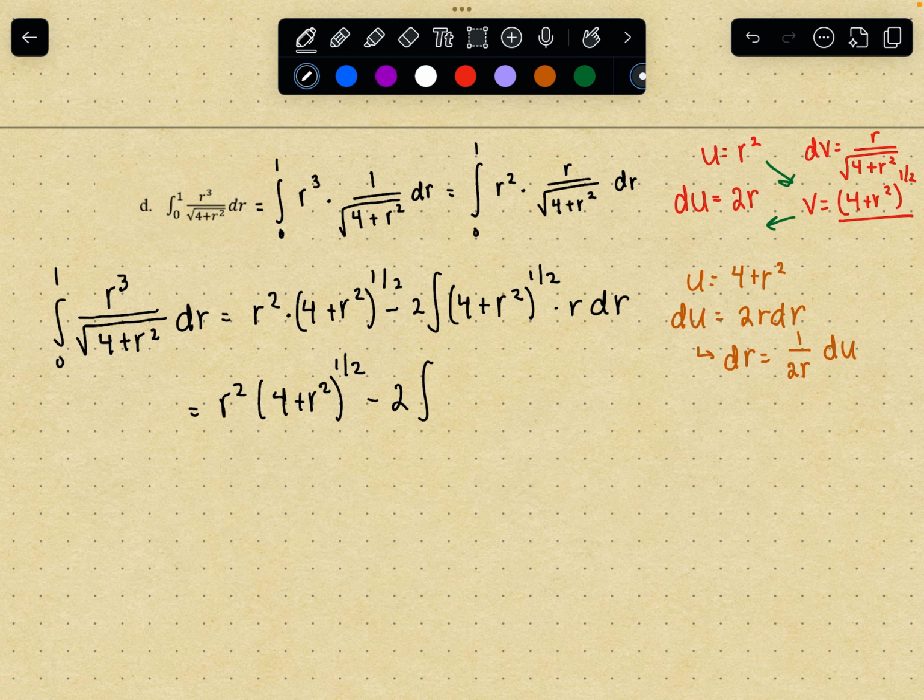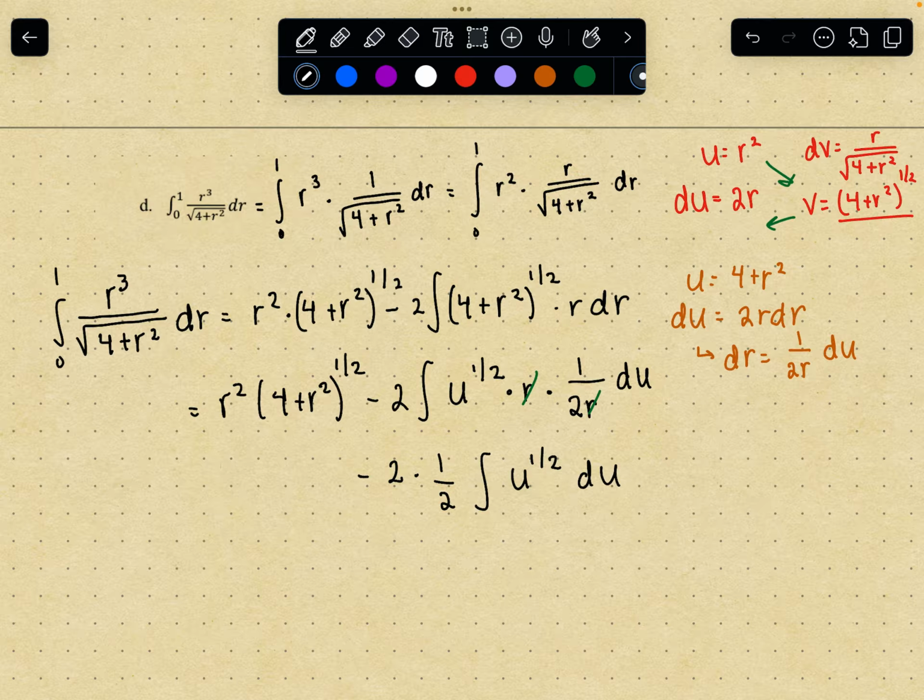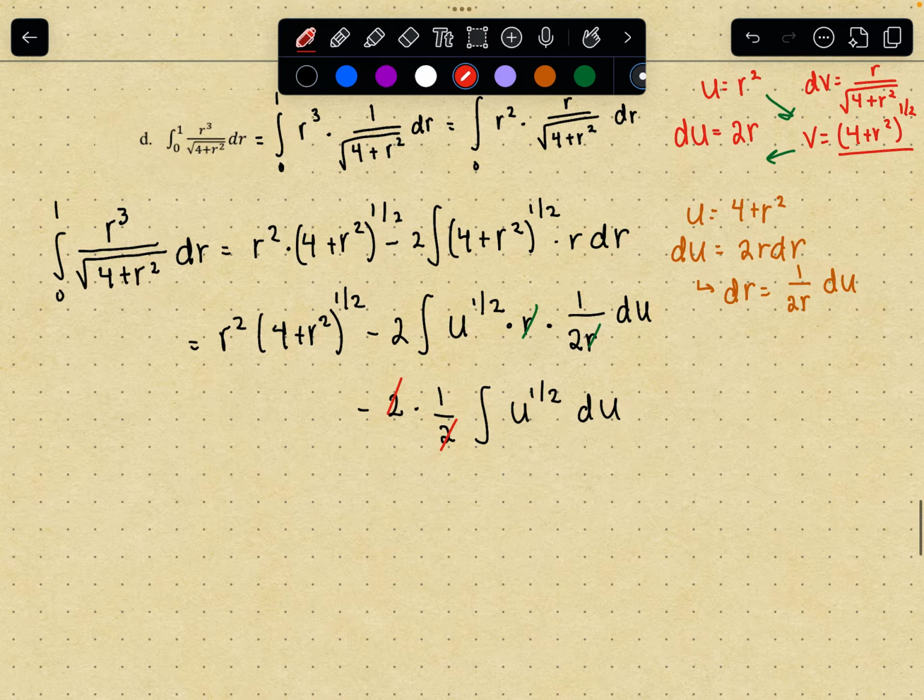So we're going to have, let's see, u to the 1/2 times r times dr. Okay. Our r's are going to cancel. That's good news. Let's bring that 1/2 out in front. So if I have 2 times 1/2 integral all of this, what happens to those 2's? Yep. You got it.